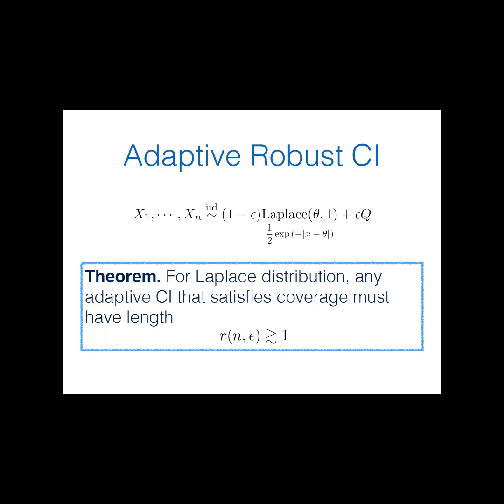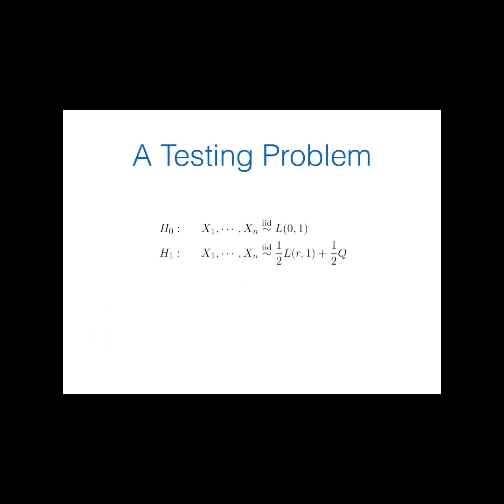So what's happening here? Why is it so different from the Gaussian case? Well, again, let's take a look at the corresponding testing problem. Here I'm trying to distinguish Laplace with mean 0 versus Laplace with mean r, but with 50% contamination. It turns out for the Laplace distribution, you can actually find a Q such that the null and the alternative are exactly the same without doing truncation.